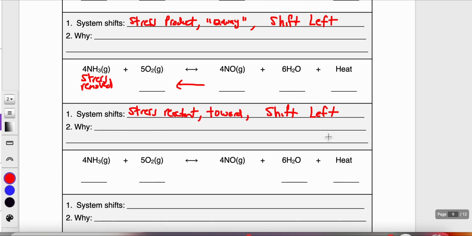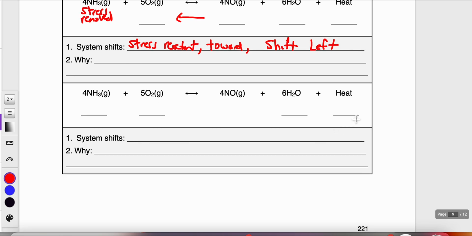Let's take one more look here. So in our system, this time, NO is going to be the stress, and some of the NO was taken out of the system. We see that NO, the stress, is a product because it's to the right of the arrow. So the stress is a product.